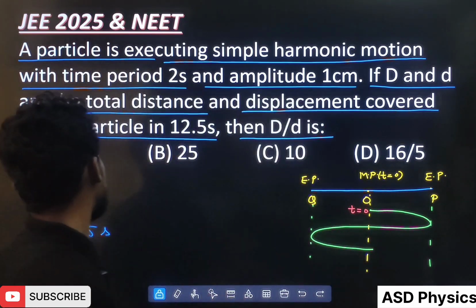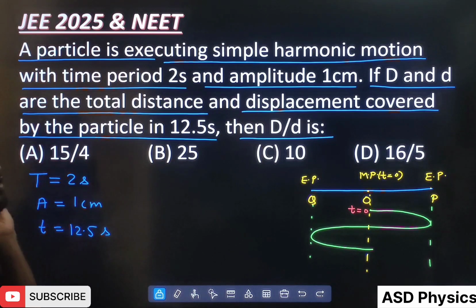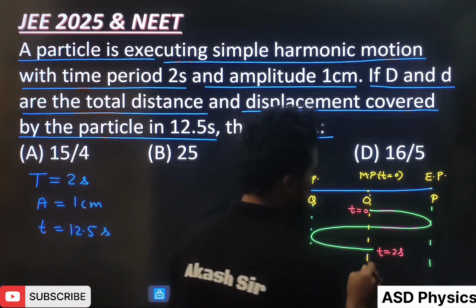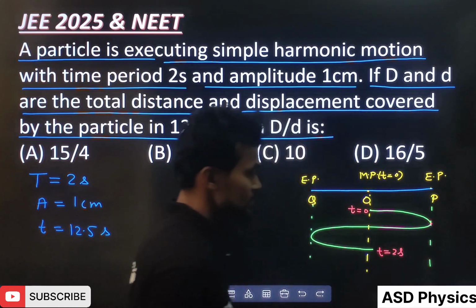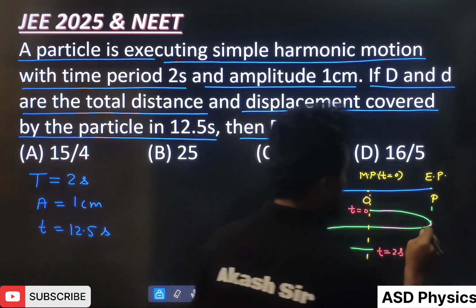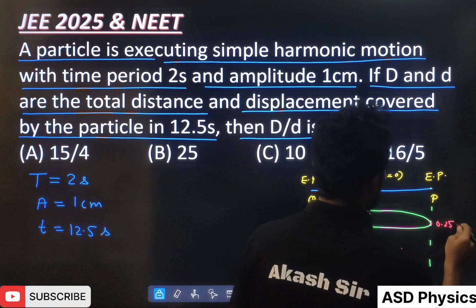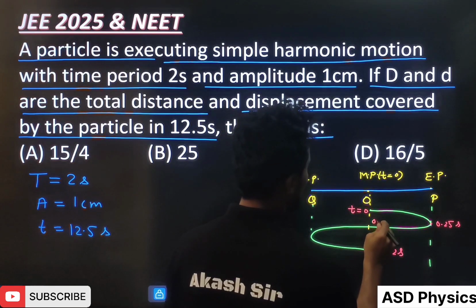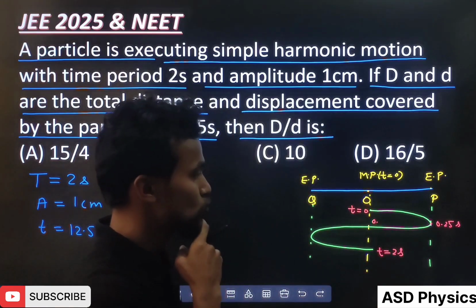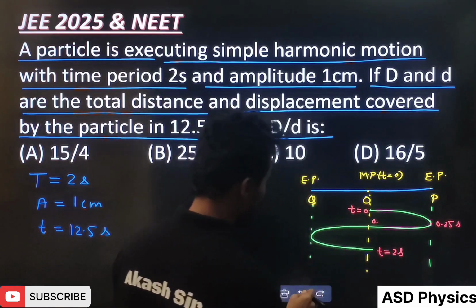If I write the values here, t equal to 0, and in the question they have given 2 seconds. That means t equal to 0 here, and here t equal to 2 seconds. Then can you tell me, this 2 seconds is going to be divided into how many parts? 4 parts. So each part is 0.5, not 2.5 actually.